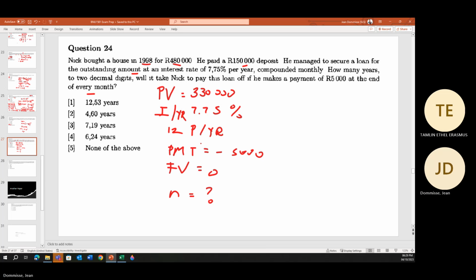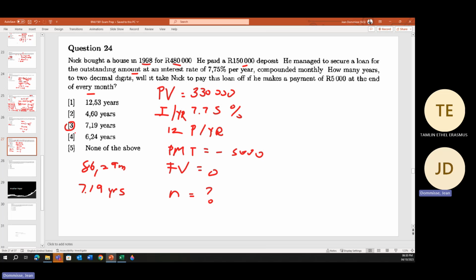So what I got is 86.29 months divided by 12, 7.19 years. Okay, cool. 7.19. So it just looked totally different. Okay, so there is 7.19.